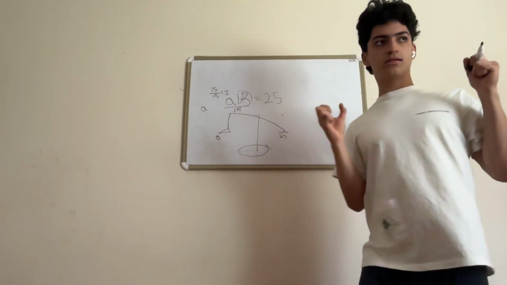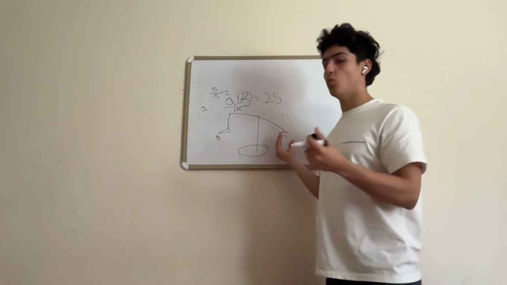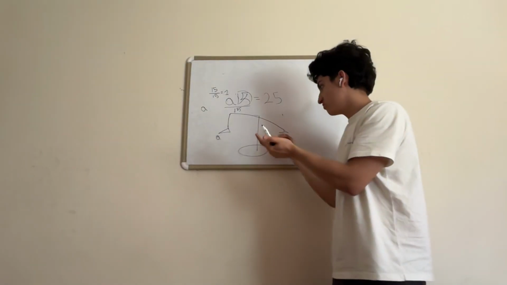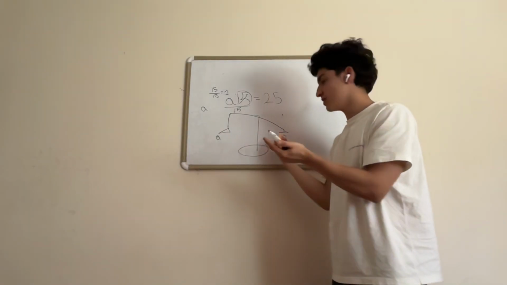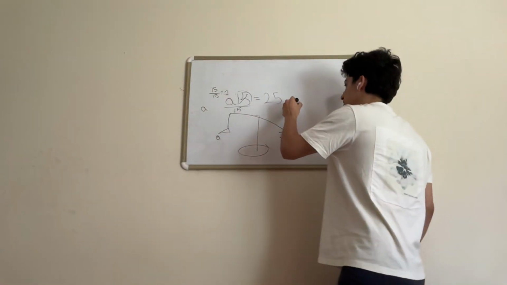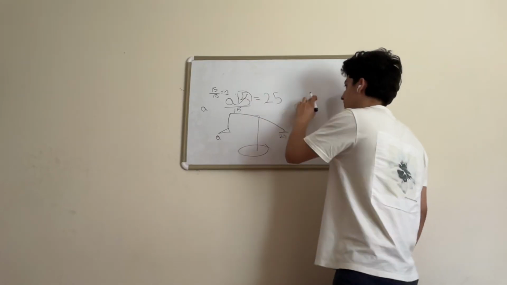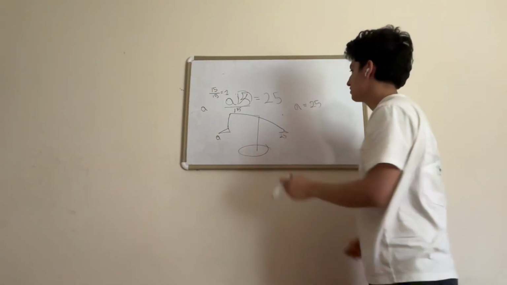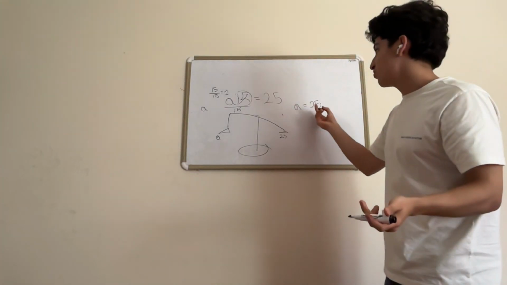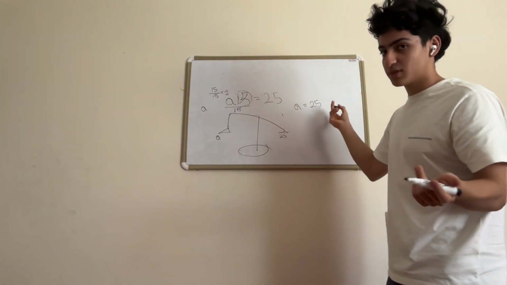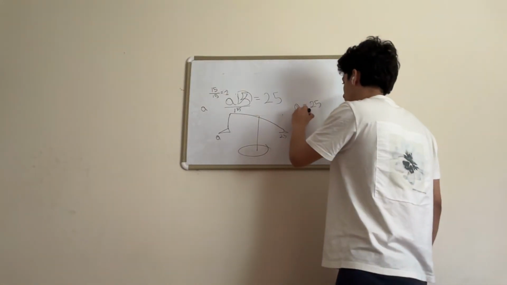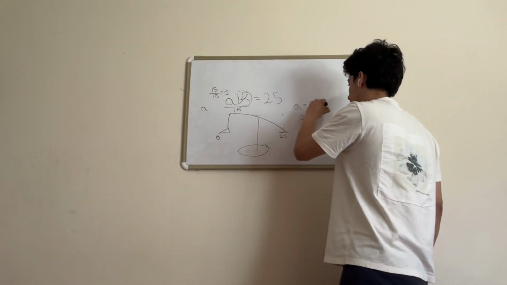Let's say that these are weights. Obviously, if you look at this, this is clearly not the same weight as this. It's the same thing here. If we solve here and didn't do anything to this, A is really not equal to 25. And you can actually prove this mathematically. You just do the same equation, 25 times 15.